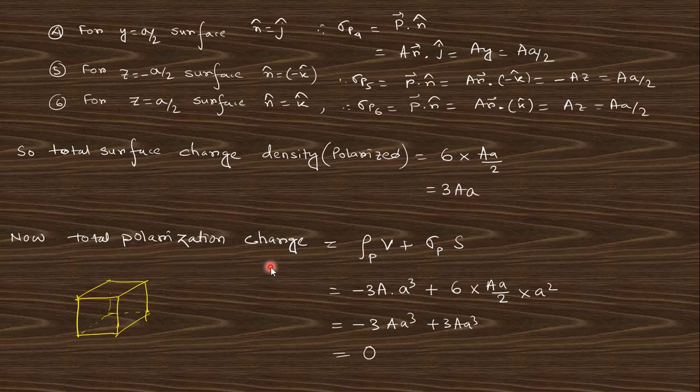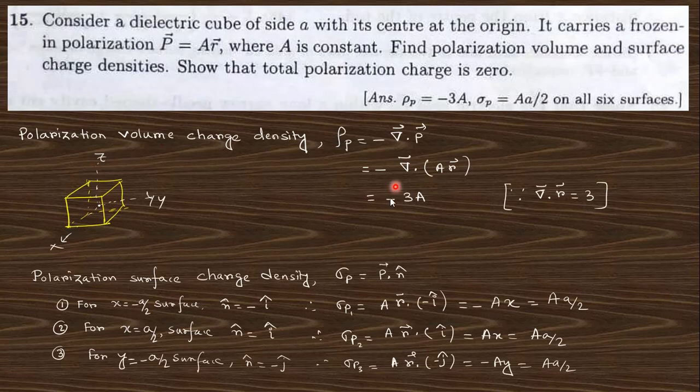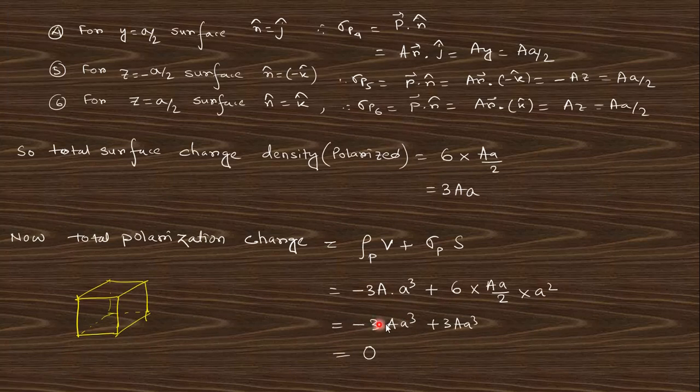Now the total polarization charge will be rho v into the volume plus rho s into the surface area, where rho v is the volume charge density and rho s is the surface charge density. The volume charge density is minus 3A, as we already got, and the total volume is a cubed.